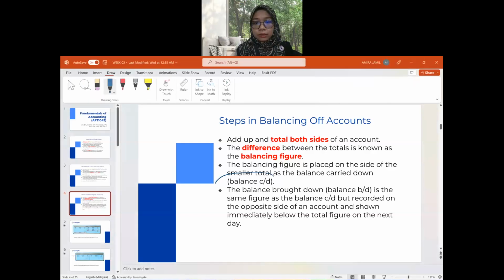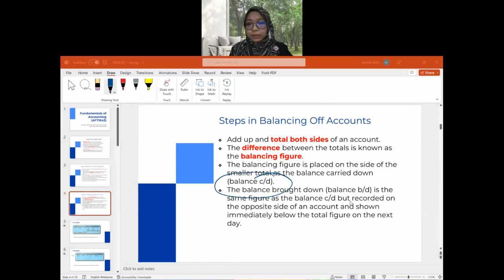And then the balance brought down will be the same figure as the balance CD. Balance CD is at the end of the month, but balance BD is at the beginning of the next. This one is the 30th or 31st.